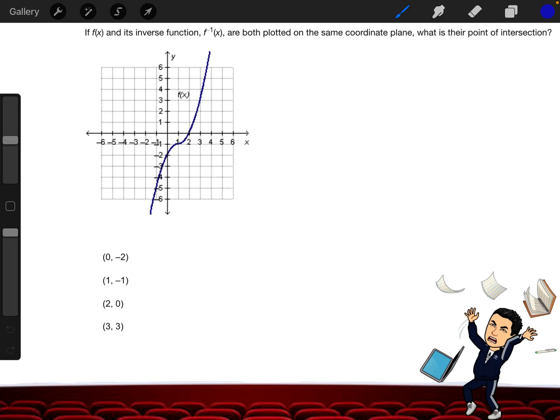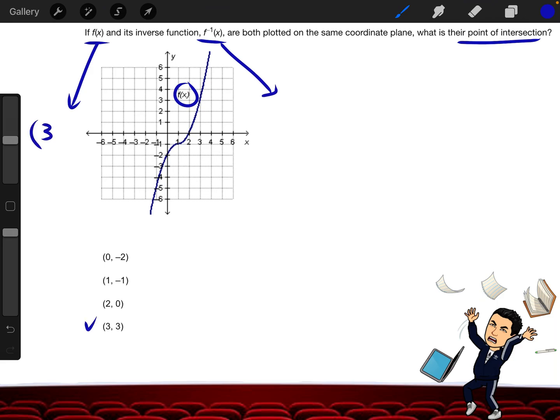For this next one, they're asking, for f of x and its inverse, what is the point of their intersection? Whatever point your f of x has, your inverse has to have the same point. So here is the answer.